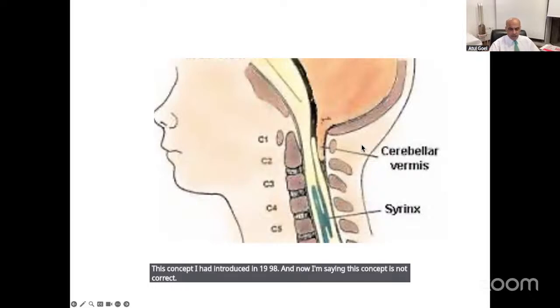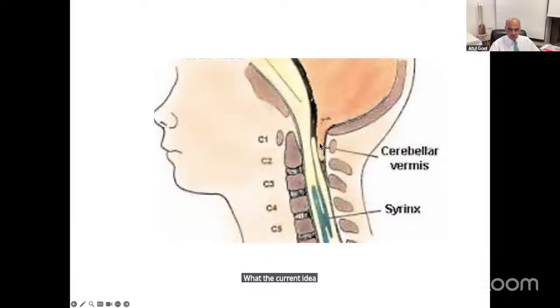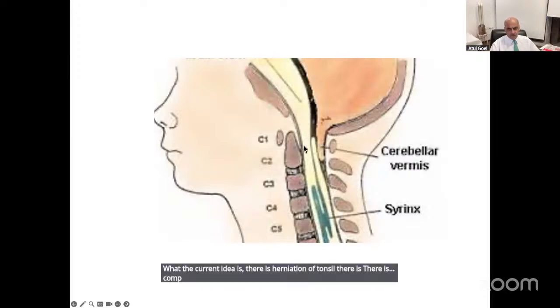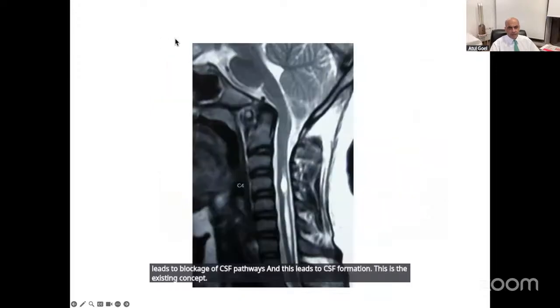What the current idea is, there is herniation of tonsil, there is compression at the region of craniocervical junction, and this compression leads to blockage of CSF pathways, and this leads to syrinx formation. This is the existing concept. And I'm saying that concept is not correct.